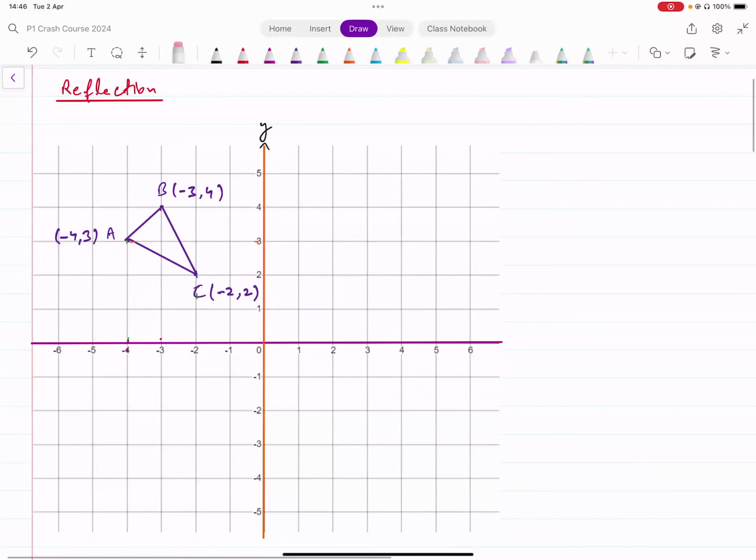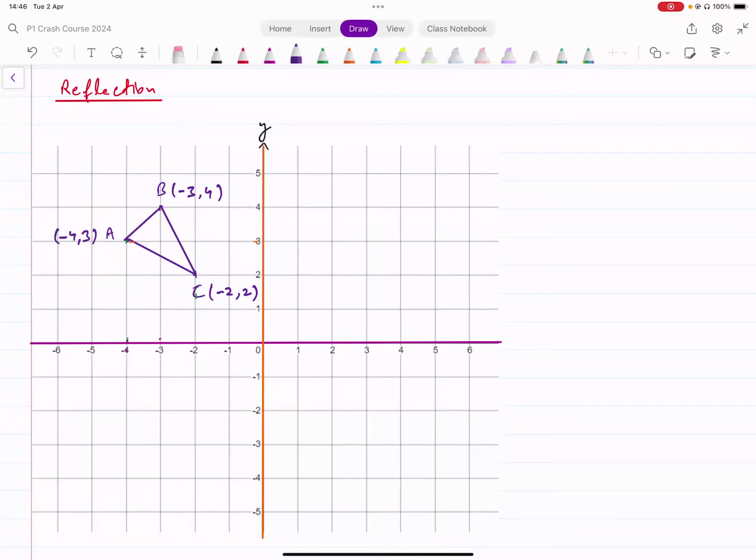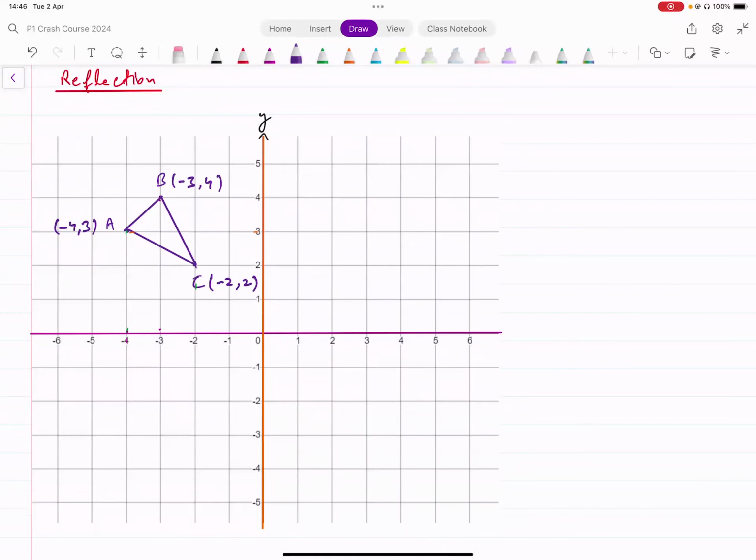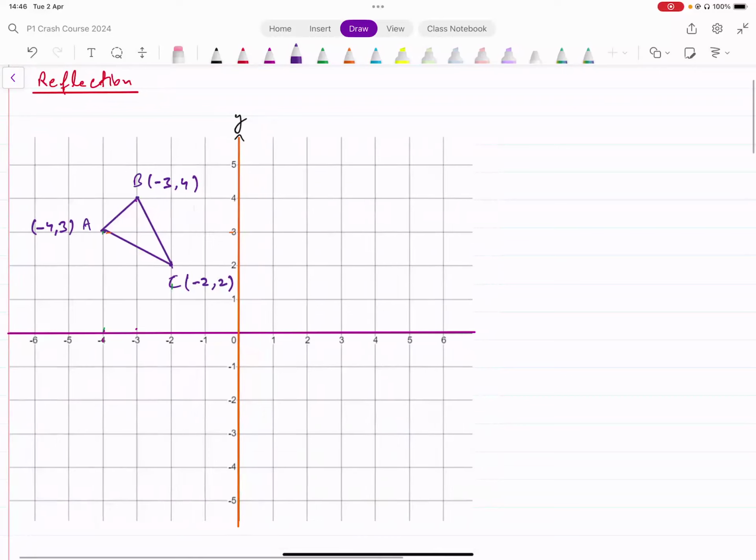So first of all, let's say we have a triangle like this. Now, let's try to understand what it would mean to reflect this triangle in the x-axis and what it would mean to reflect this triangle in the y-axis. I think it's something that's quite straightforward, so I'm going to do it very quickly.